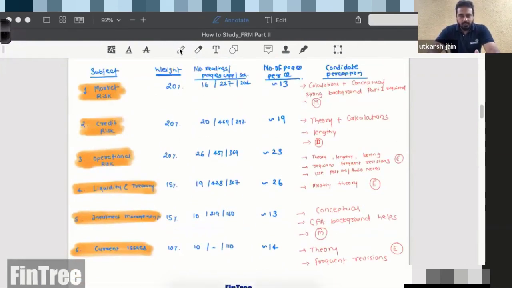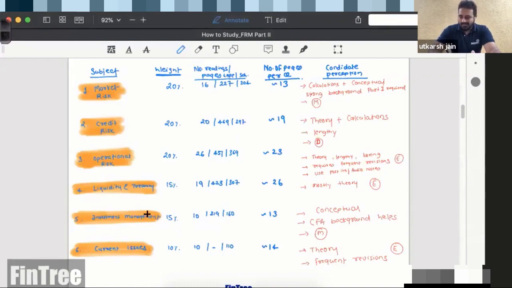I'm sure you already know that we're looking at a total of 5 or 6 subjects. I like to look at them as 6 separate subjects. We have market risk, credit risk, operational risk, liquidity and treasury, which is a new addition in your 2020 curriculum, then investment and risk management, and then current issues.